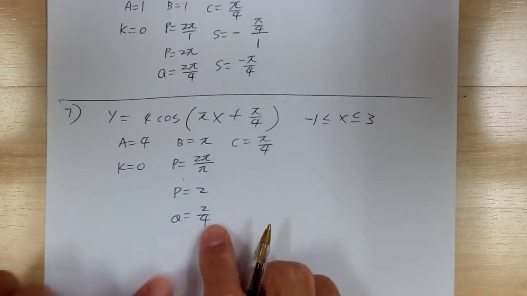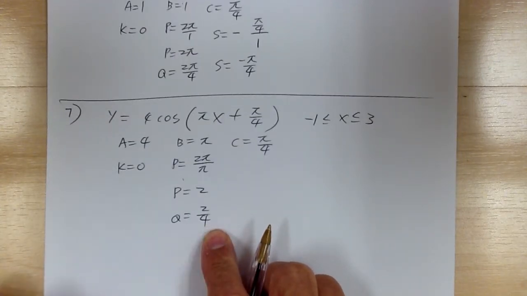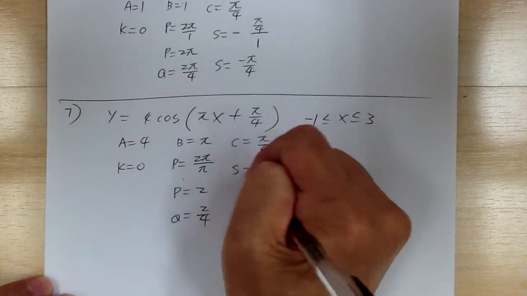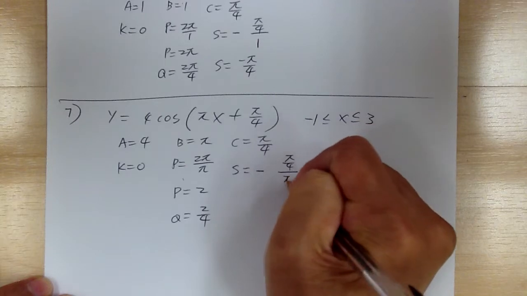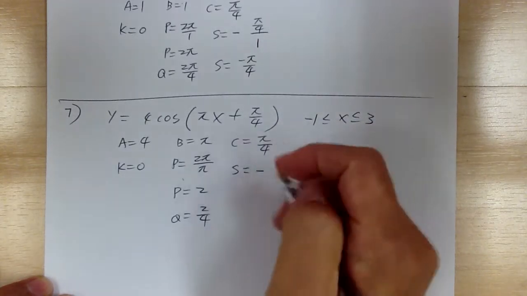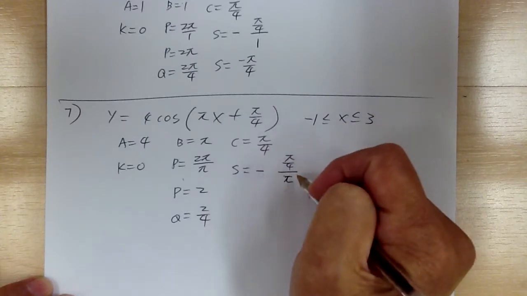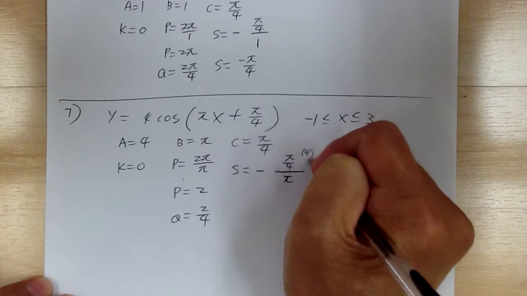Again, I don't want to waste time simplifying right now, because I might need to have 4 on the bottom. The shift is negative c over b. Now when you have a complex fraction, you multiply by the common denominator, so you need to multiply by 4.